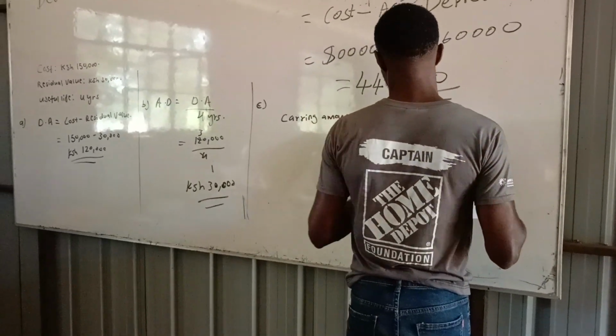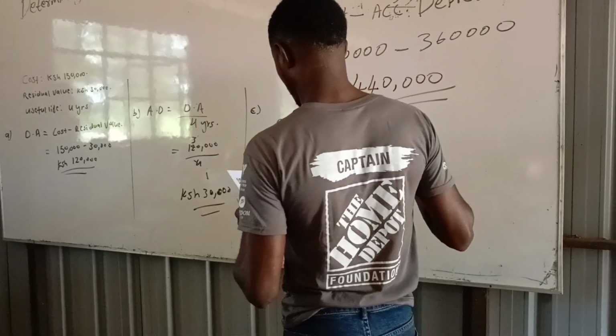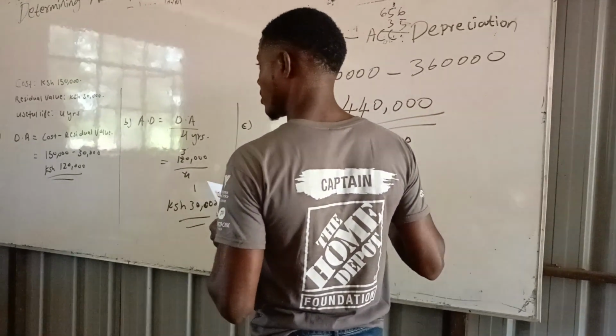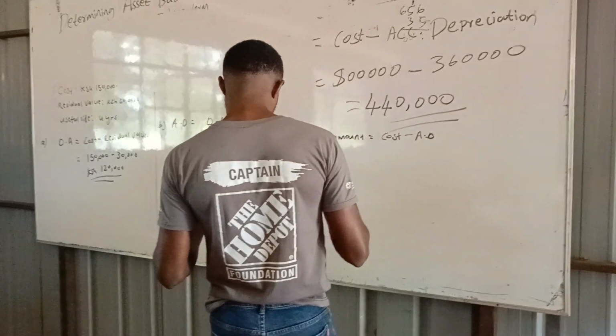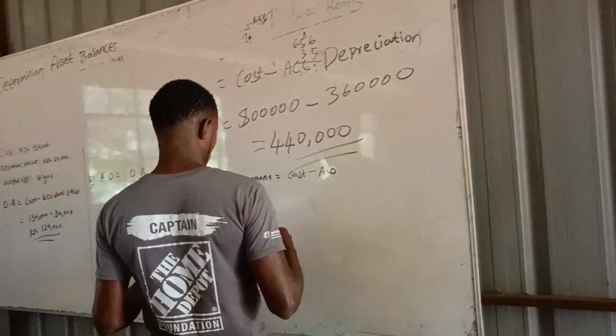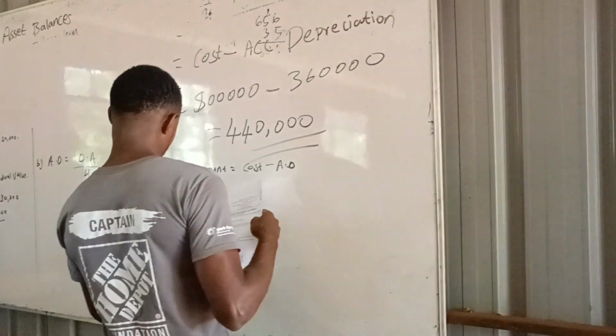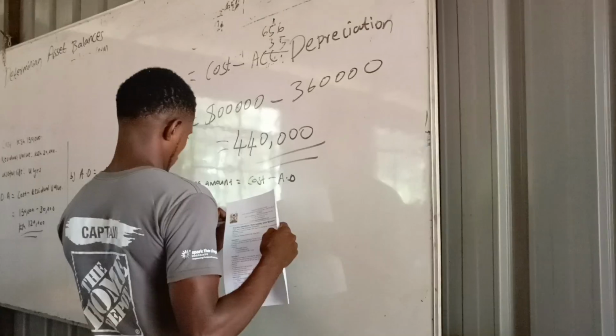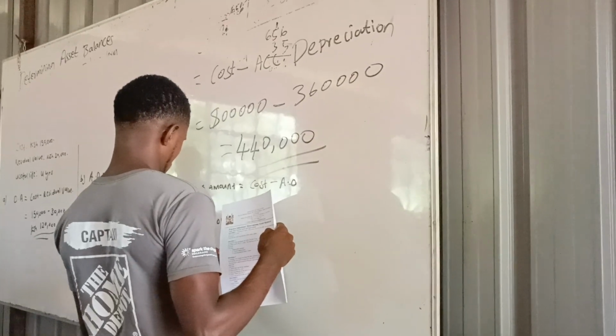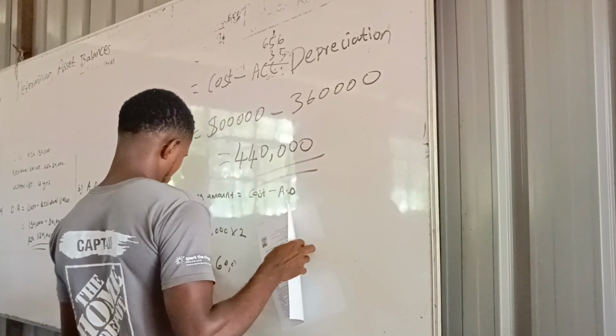Now we want to find the accumulated depreciation for 2 years. That will be the annual depreciation times 2, which gives the accumulated depreciation.